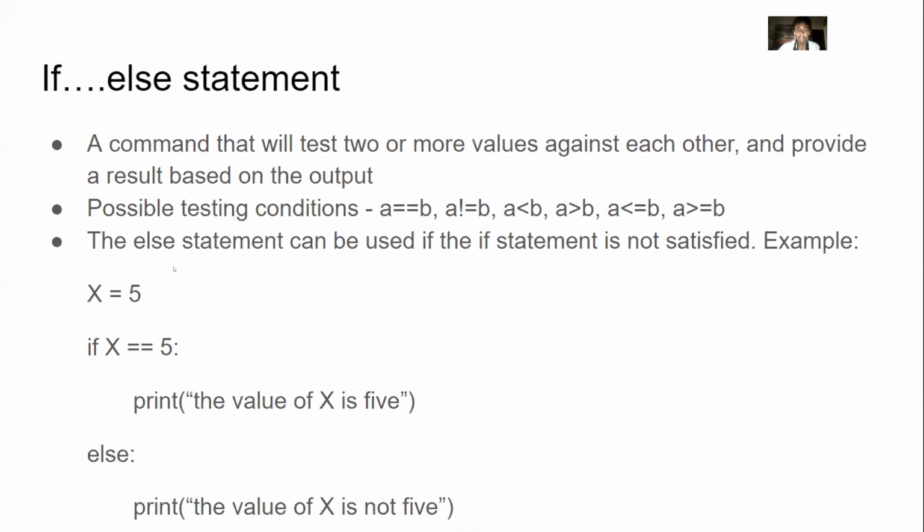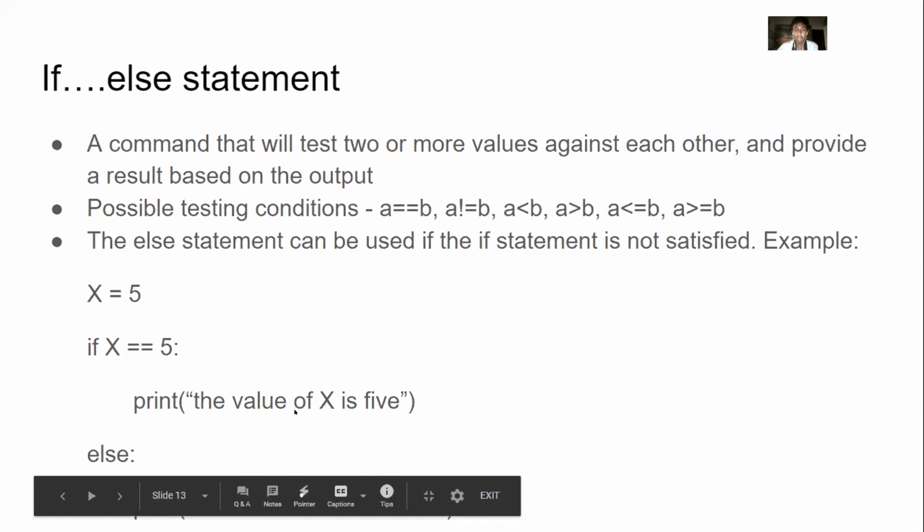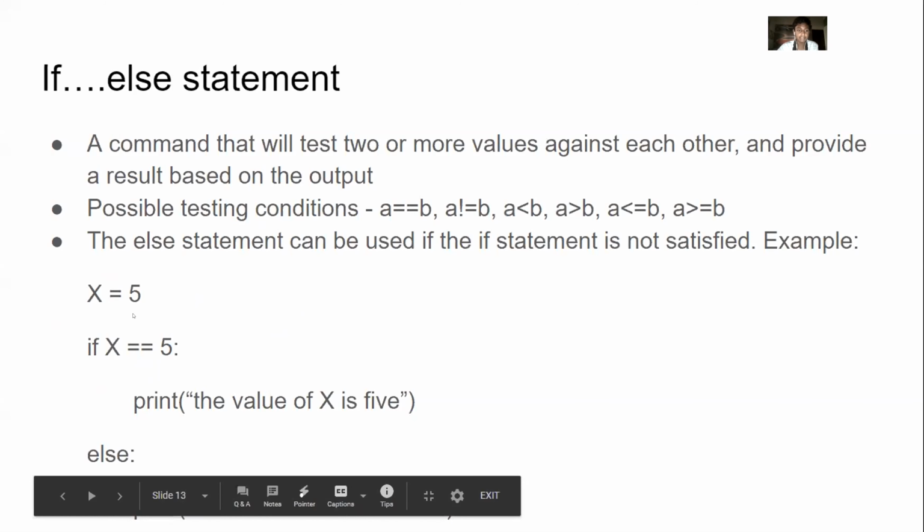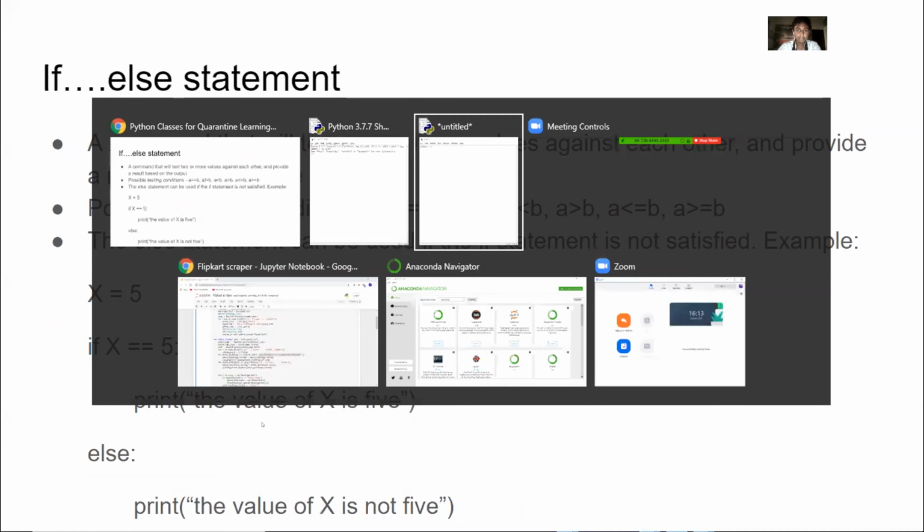So if x is equal to 5, then I use this colon and I say I want to print the value of x is 5. Or else, if this condition is not satisfied, it'll go to the else statement. And in the else statement, I want it to print it is not equal to 5. Okay, I'll give you another better example here.